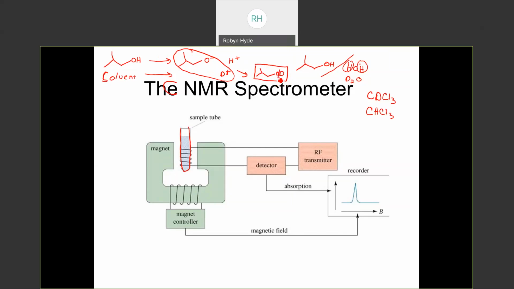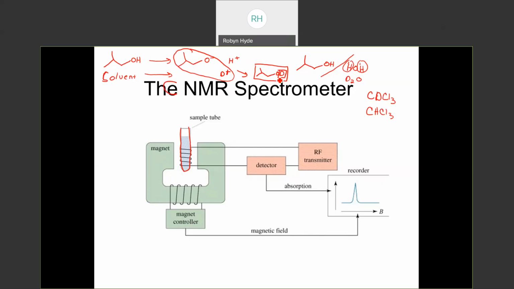Does the deuterium give a signal by NMR? It is not NMR active. And so what this can mean is that the hydrogen of an alcohol can get replaced by a deuterium. That deuterium will not give a signal, and so that can mask the presence of OHs.